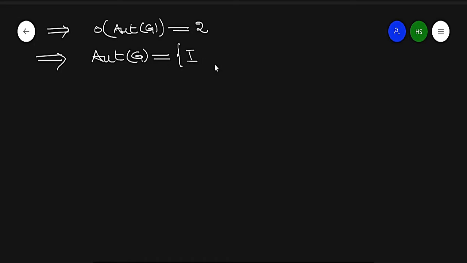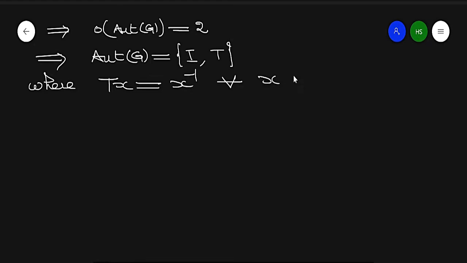One is identity and the second is T, and T is the automorphism which sends each element to its inverse, where T of x is equal to x inverse for every x belonging to G. So when G is a cyclic group of infinite order, it has two automorphisms: one is identity and the second is T.